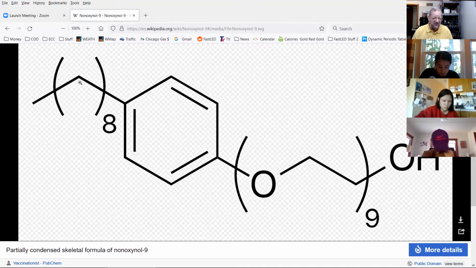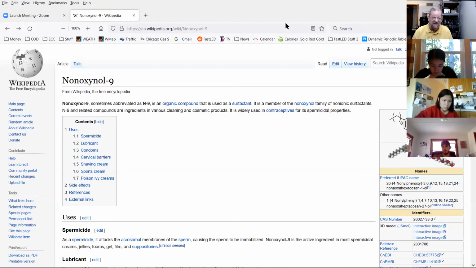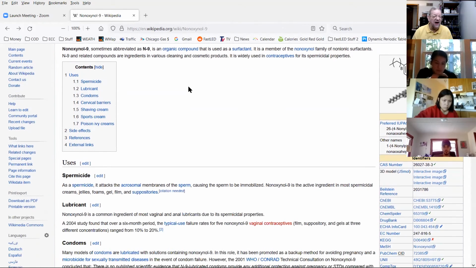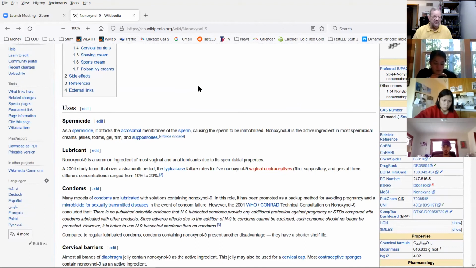Every bend in a line is a carbon. So this is 8 carbons at the end, making the nonyl group. Here's our benzene ring. Then over here is our O, CH2, CH2, close bracket, 9, hydroxyl group. This is a shorter way. I don't use this line method for acyclic carbons because students get confused. I do when I'm talking to my colleagues, but not for you, because I want you to learn, not get confused. Well, nonoxynol-9 is a spermicide.